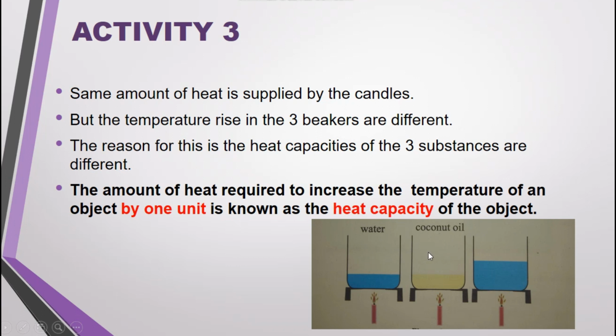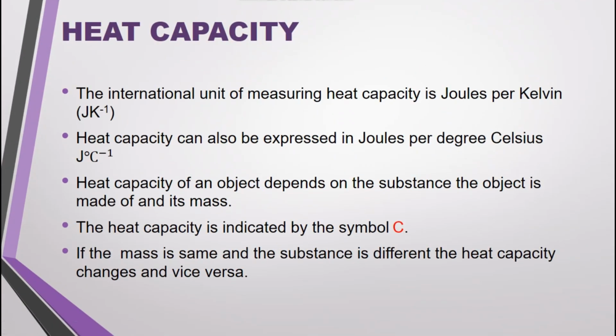Because these are two different substances, they have different heat capacities. And although the substance is the same, water in both beakers, the mass is different. Because the mass is different, it has a different heat capacity. We will see more details about heat capacity.